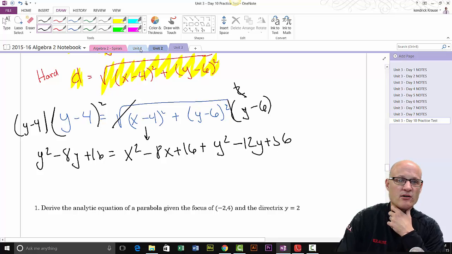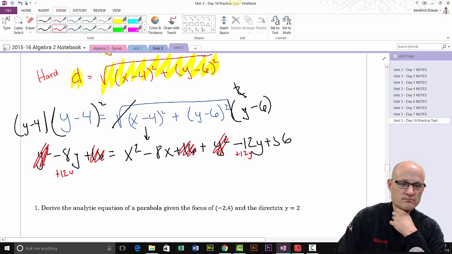All right, so now I have to do a little work. These y squareds cancel. This 16 cancels when I move from one side to the other. Then I'm going to add 12y. So I get 4y equals x squared minus 8x plus 36.